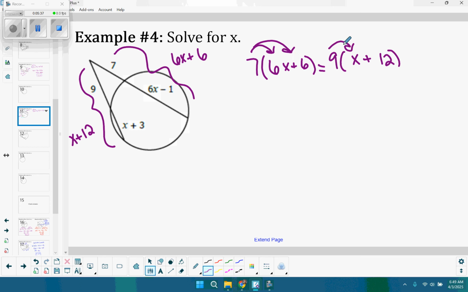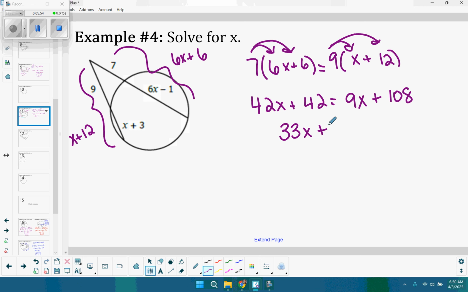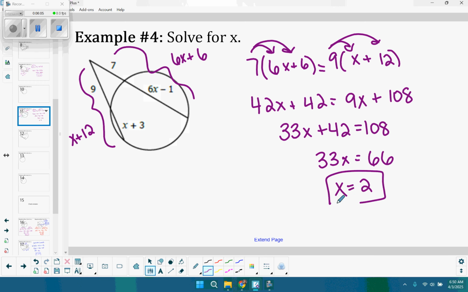We're going to distribute on both sides this time. That's going to be 42x plus 42 is equal to 9x plus 108. So we're going to take away 9x from both sides. So we have 33x plus 42 equals 108. We'll take the 42 away from both sides. So I get 33x is 66. And when I divide by 33, I get x is 2.